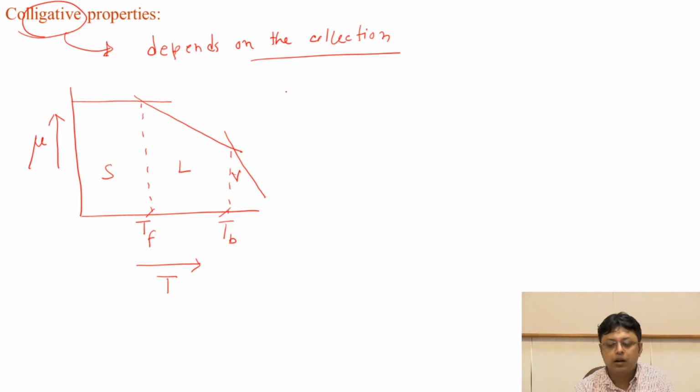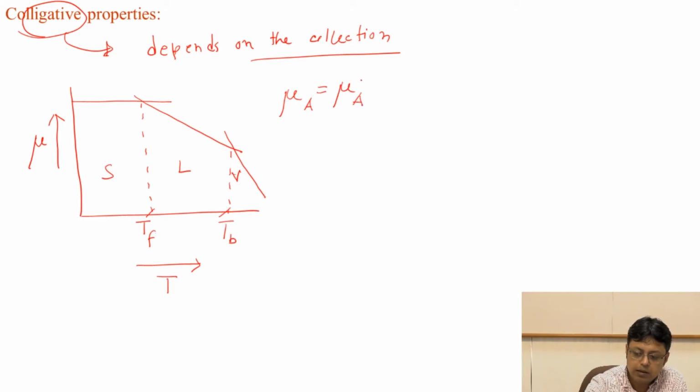Now suppose we are adding some solute in that liquid. What will happen is that the chemical potential of the pure liquid will be equal to mu a star, because the equation is mu a is equal to mu a star plus RT ln XA.